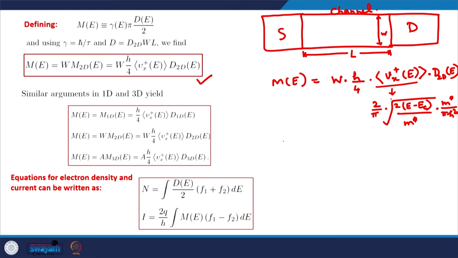So, putting everything together, we have M(E), the number of modes in a 2D device, is W times h by 4 times this.